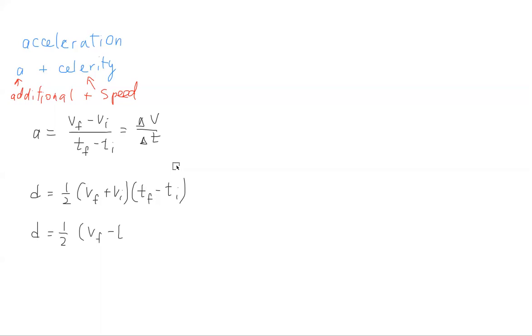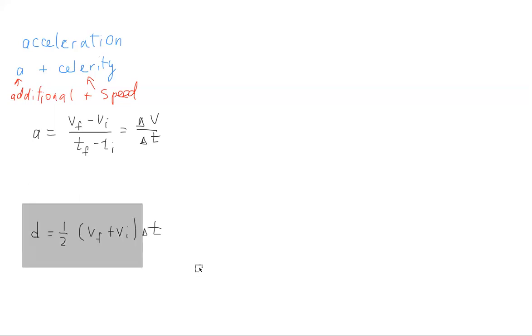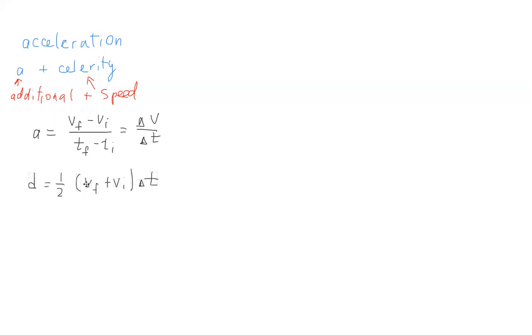Plus V initial times delta T. There you go. Let me actually remove this one. So this way it'll be more consistent. Okay, there you go.